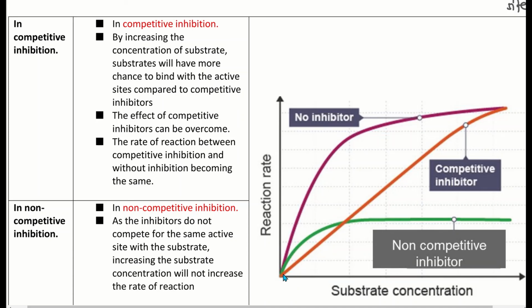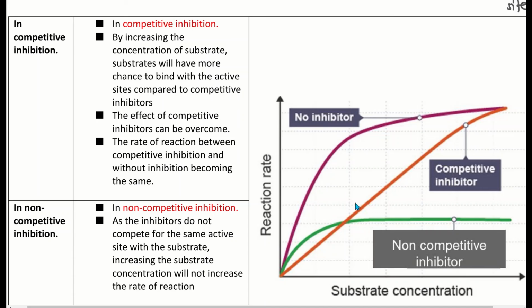You boleh nampak, kalau soalan tak label ini tak ada inhibitor pun, you boleh agak yang ini tak ada inhibitor. Kenapa? Sebab bila you increase substrate concentration, makin laju dia naik, lagi cepat rate of reaction itu meningkat.